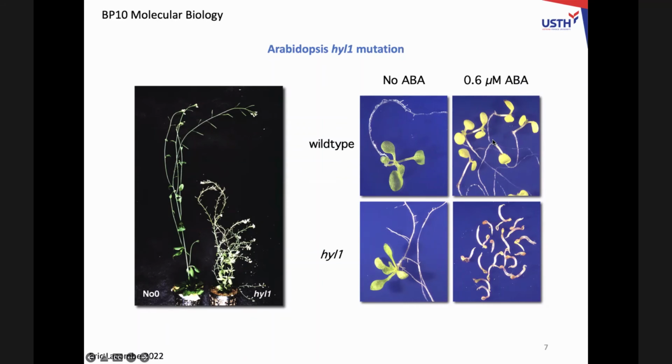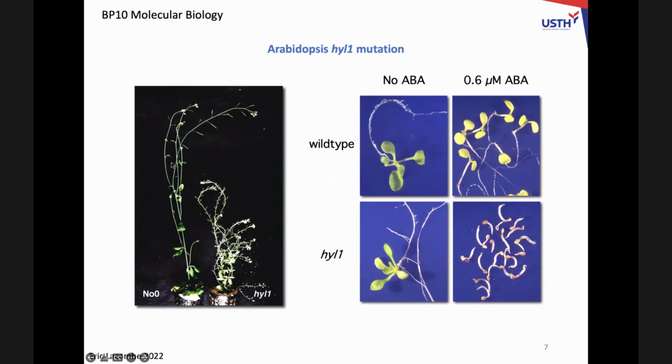Don't worry if you don't know this plant hormone. You see that a wild type plant, when you treat it with this ABA molecule, shows a normal phenotype. It loses the green part, it turns yellow, and the development is reduced. So this is the normal phenotype. If you check the same phenotype in a HYL1 mutant background, you see the phenotype is even more severe.